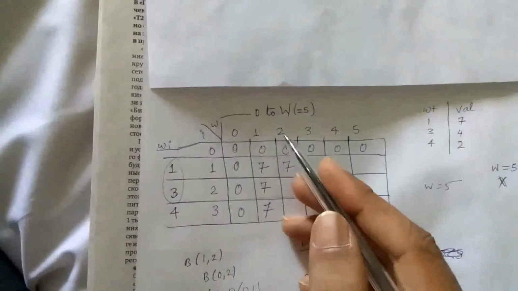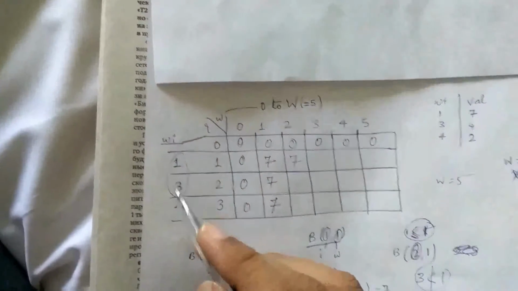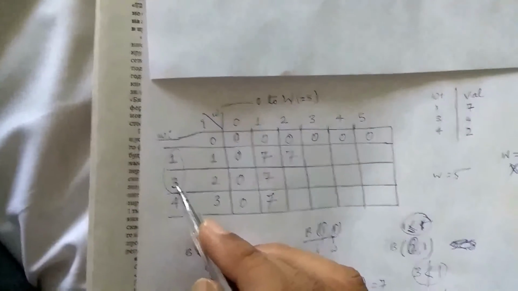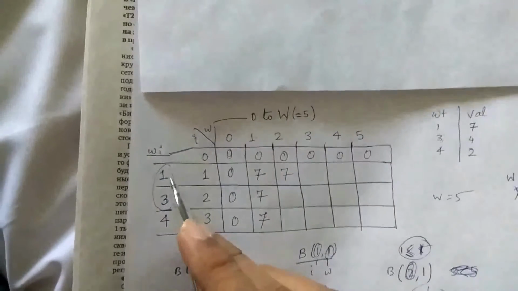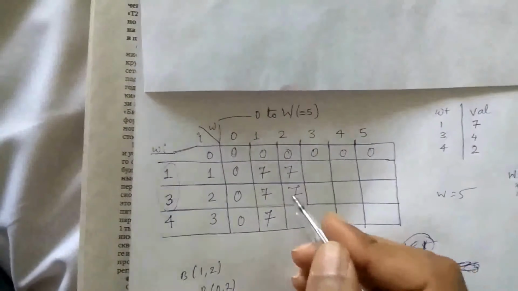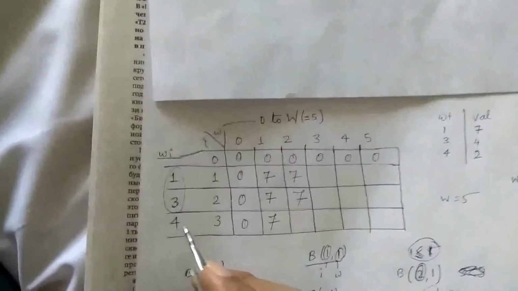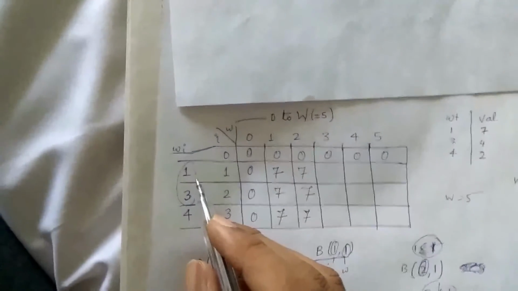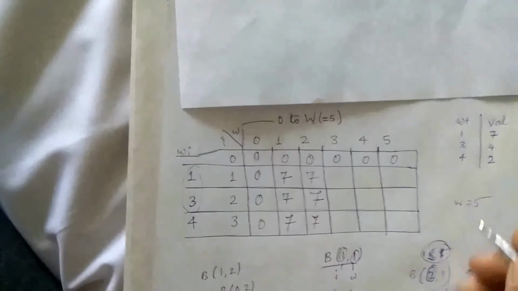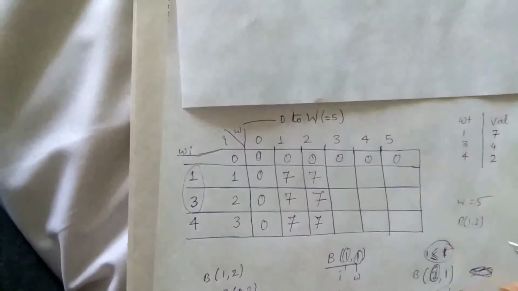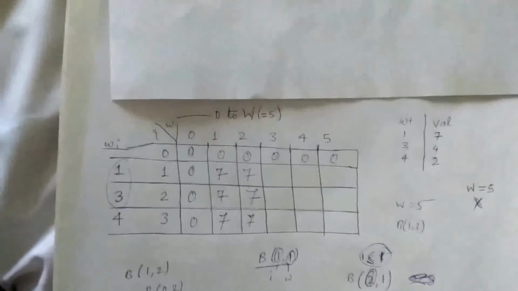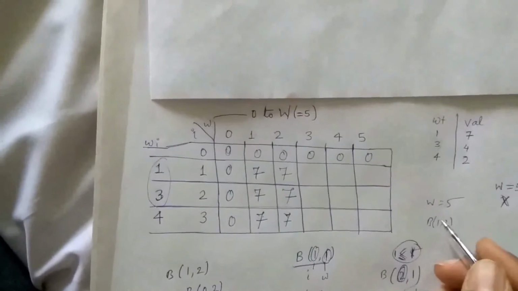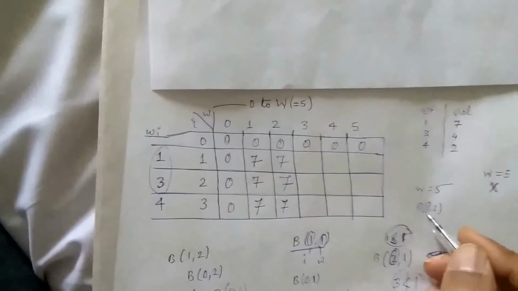Now again we have a knapsack of 2 and we are trying to take this weight 3, which is not possible, so we will take this 7 only. Similarly, we have a knapsack of 2, we are trying to take this bag, so this will be 7 only. Now we have a knapsack of 3, we are trying to pick this 1, right? So this is basically B(1,3). What is B(1,3)? We will first check what is the weight of this first item.